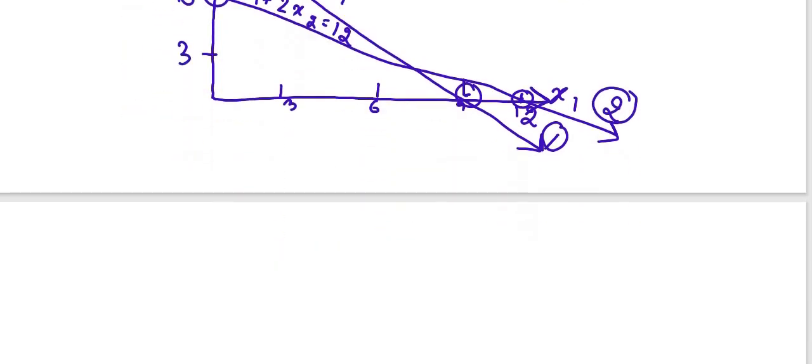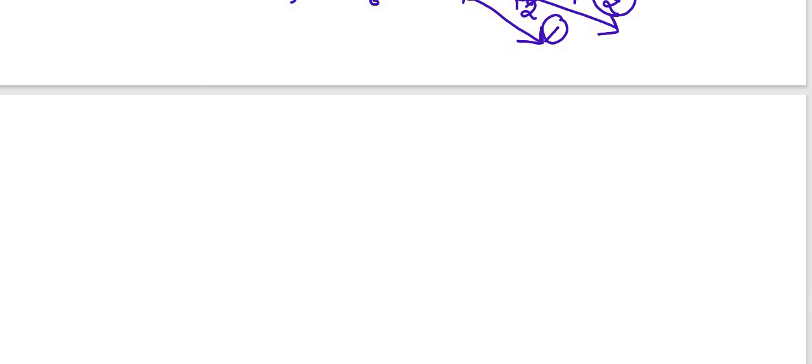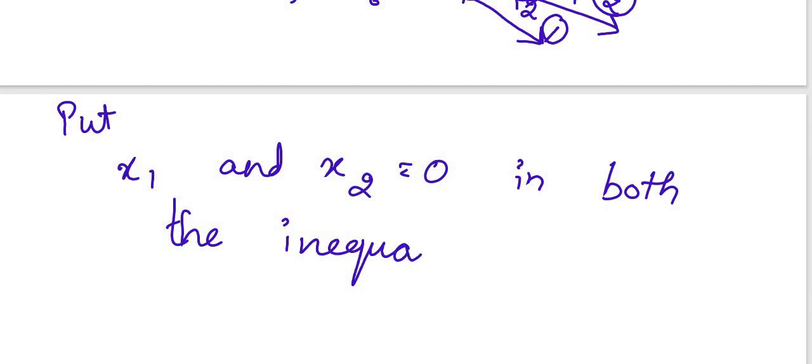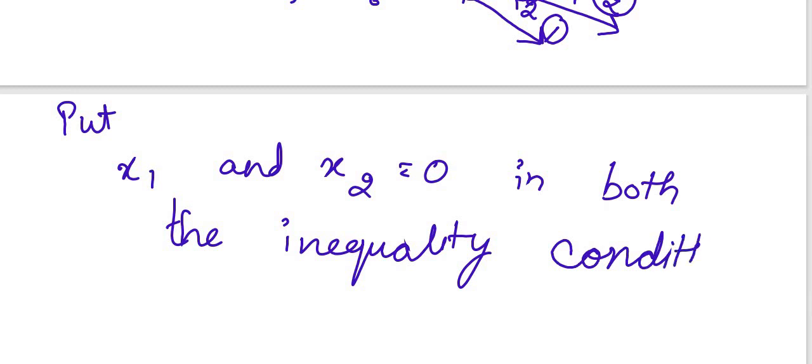For the feasible region, we put x1 and x2 equal to 0 in both the inequality conditions. See how.